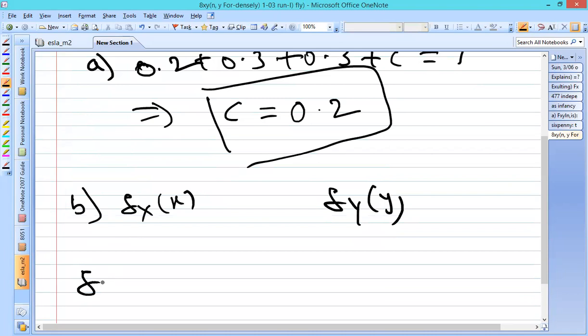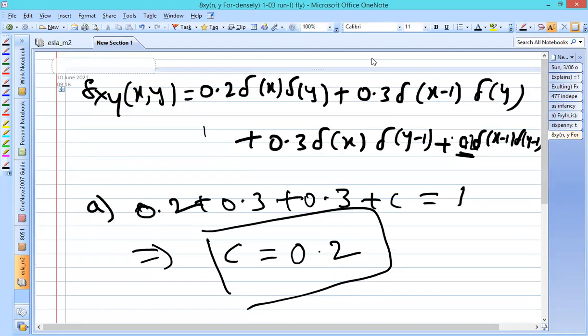First, let us get the marginal PDF for the random variable x, fx of x. This is the PDF given. From this PDF, you need to select all the terms along with the delta function which is a function of the independent variable x. Listen carefully.